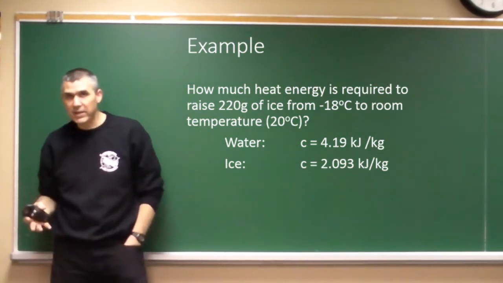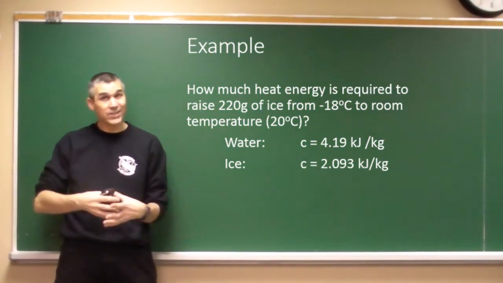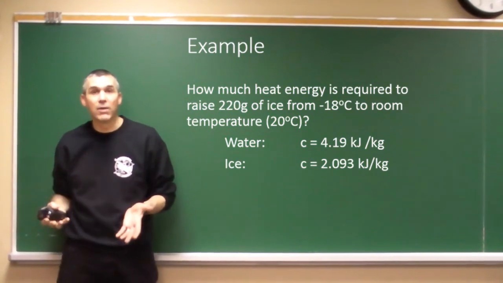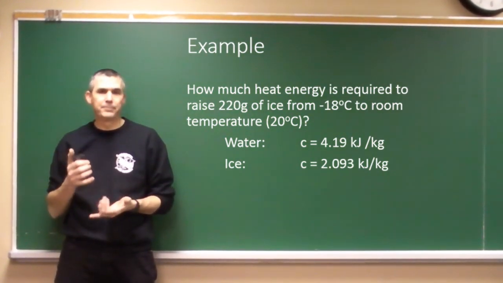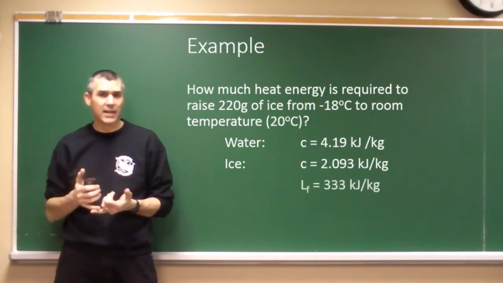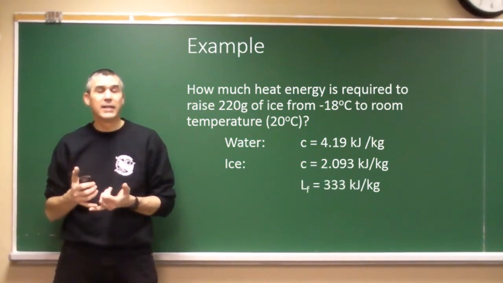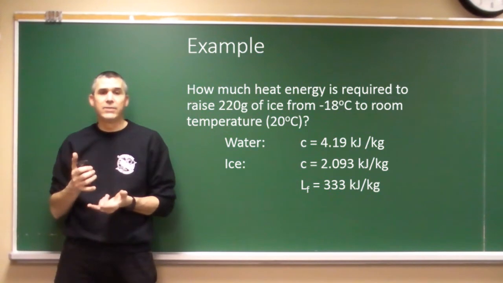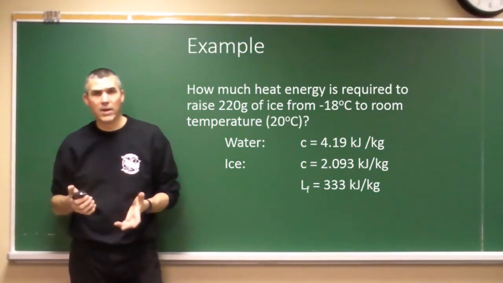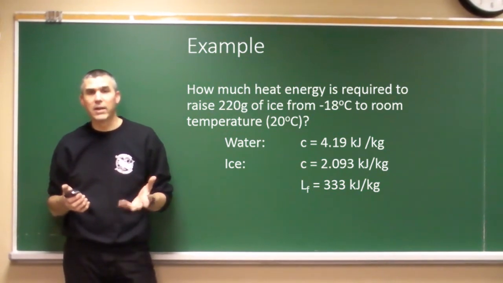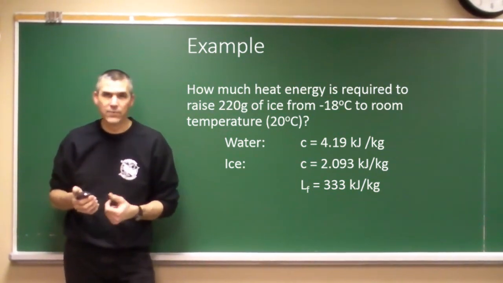So the specific heat capacity of water in its solid state is 2.093 kilojoules per kilogram. And the latent heat of fusion is 333 kilojoules per kilogram. I guess all of those should have Kelvin after them. I apologize for that omission.